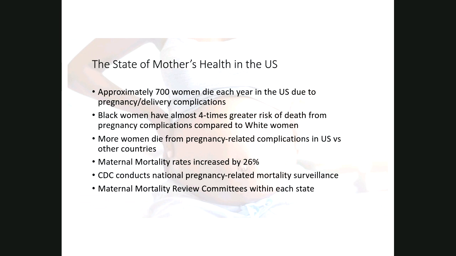And with 700 women dying each year in the US, Black women have almost 4 times greater risk of death from pregnancy-related complications compared to white women. As we talked about earlier, infant mortality and maternal mortality have been an indicator of a country's health status. In the US, we don't do well compared to other high-income countries.